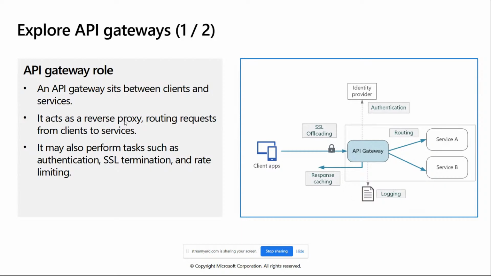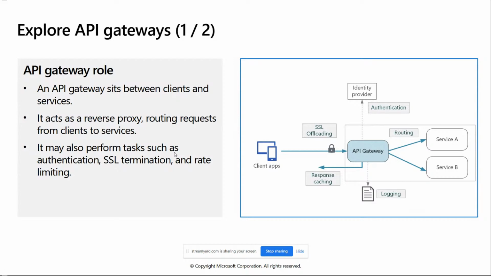So API gateway does all these different tasks. It will also perform tasks like authentication, SSL termination, and rate limiting.